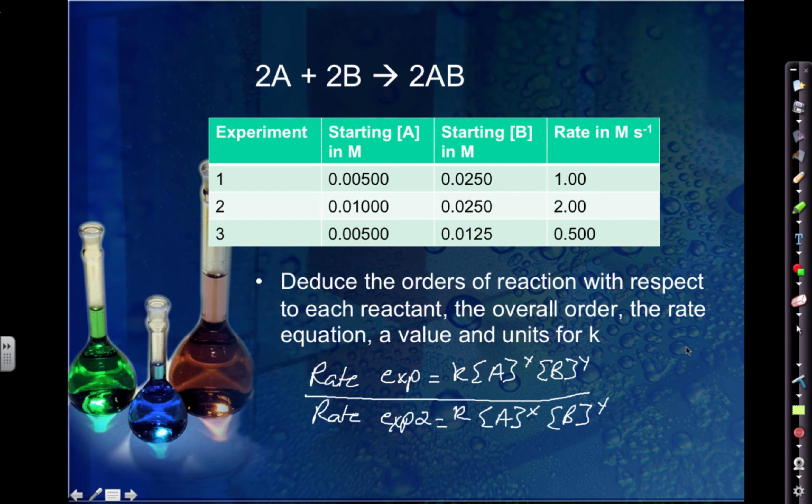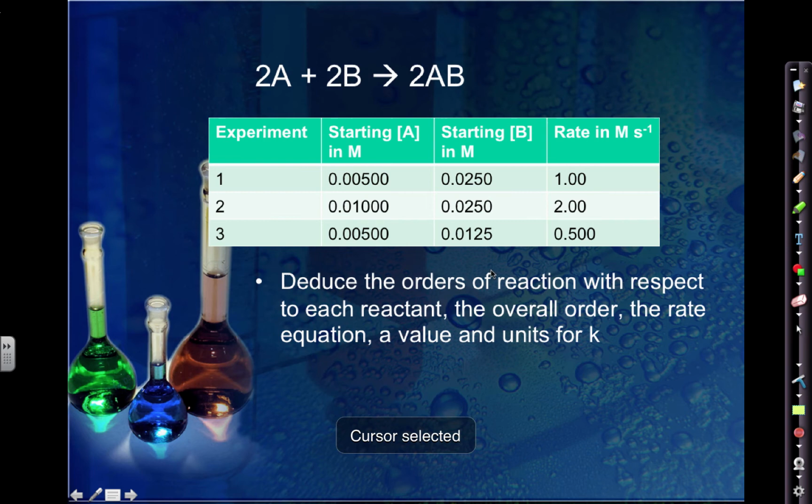So I'm going to show you how to do this. Okay, so let's look at X first, or A first. All right, so when I look at experiment 1 and 2, I'll see that B is kept the same, and then right here, this doubled.